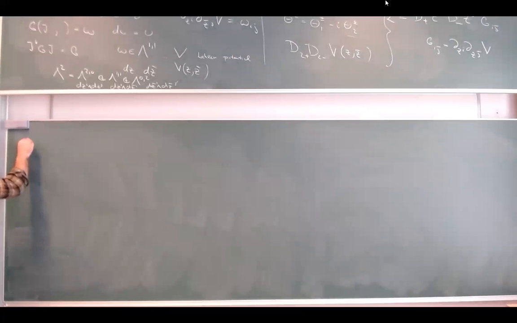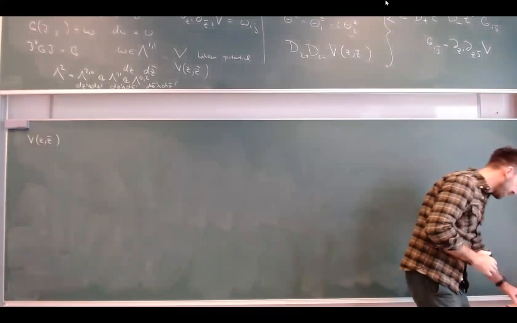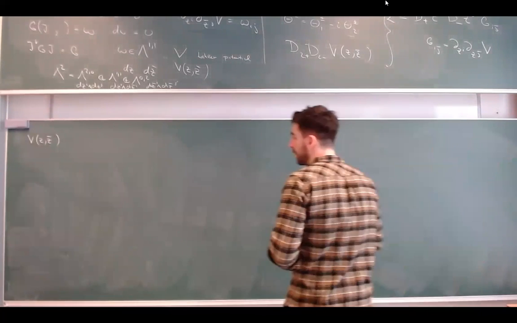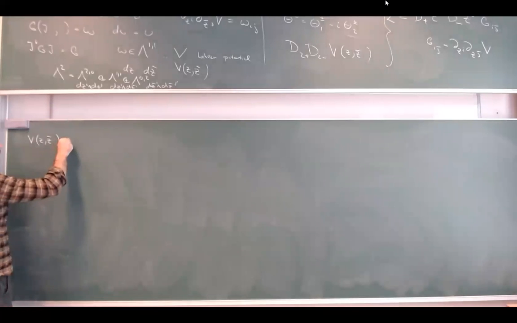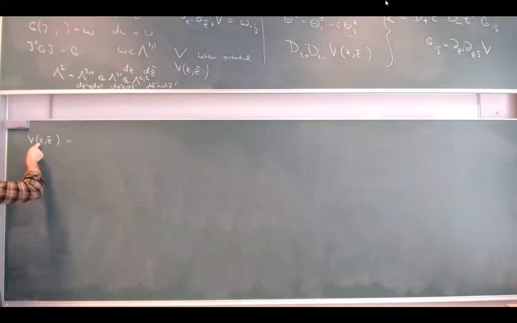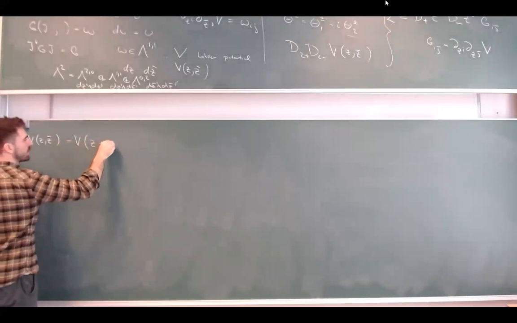I start with the potential here, and I will actually have it in a very special form, which reflects the presence of isometries. So this will be a restricted type of model where the dependence on Z and Z bar is just via this combination of Z and Z bar.